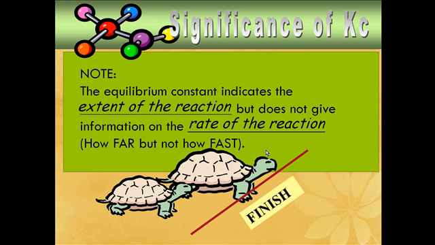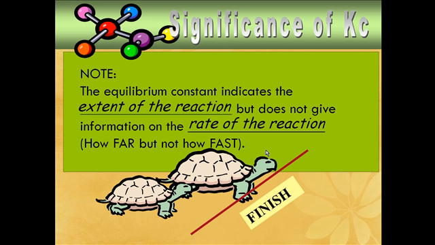Now, a reaction can be very complete, which means that the Kc is very big, but it can take 1,000 years to complete. So the rate of the reaction can be very slow. Similarly, a reaction can be stuck mainly as the reactants, and it doesn't go to completion very much.